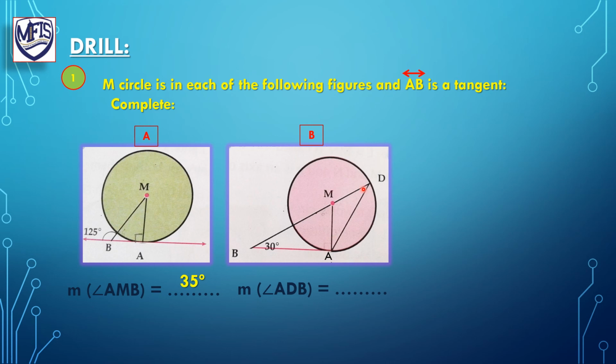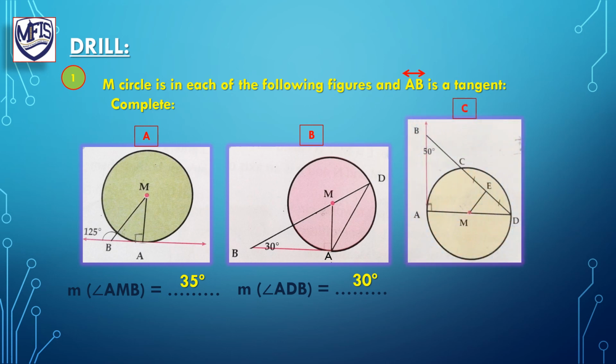But the two angles D and MAD are equal. Why? Because triangle MAD is an isosceles triangle, because MD and MA are two radii. Therefore, measure angle D equals 60 divided by 2. So, measure angle ADB equals 30 degrees.